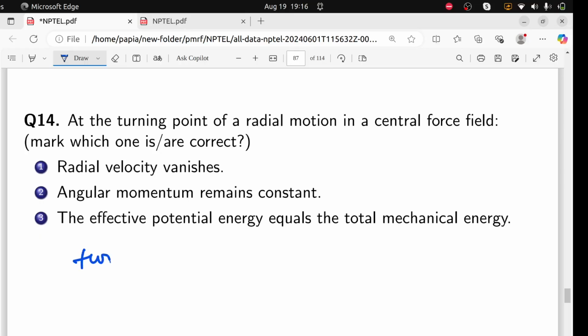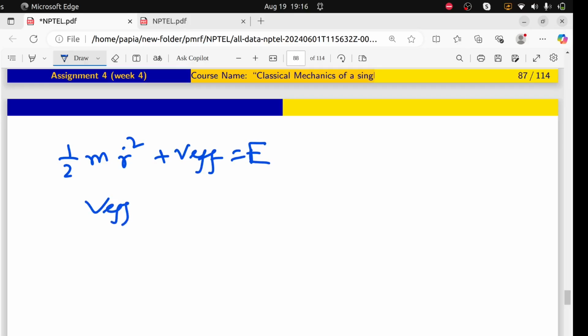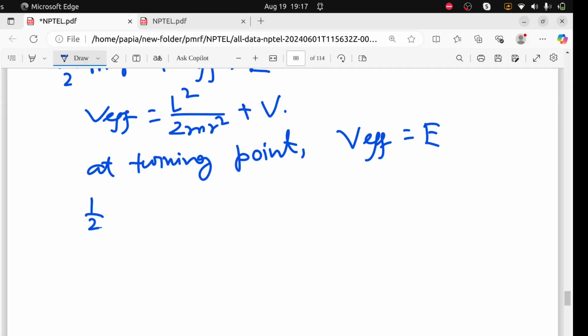Okay, so turning point, as we have already told, at the turning point, half m r dot squared plus V effective equals E, where V effective is L squared by 2 m r squared plus V. So at the turning point V effective equals E, so half m r dot squared will be 0.